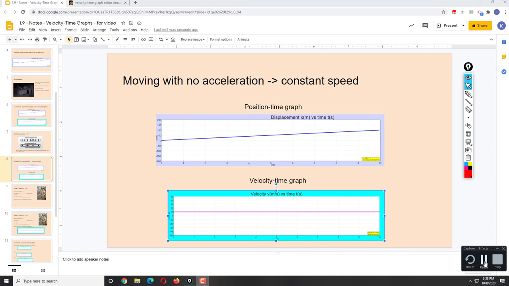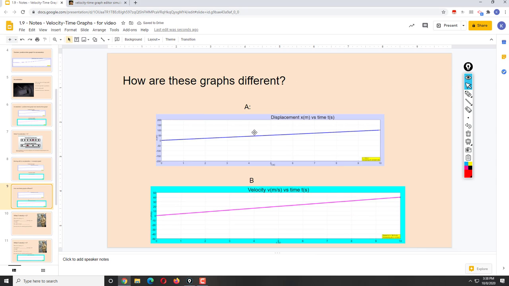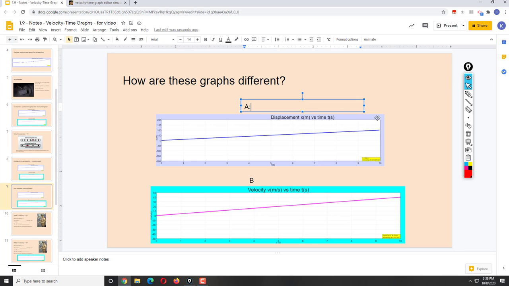Now be careful. A and B look like similar graphs, but they describe two different stories, two different situations. In A, we have a displacement, or you can also say position time graph, and this is moving at a constant speed.